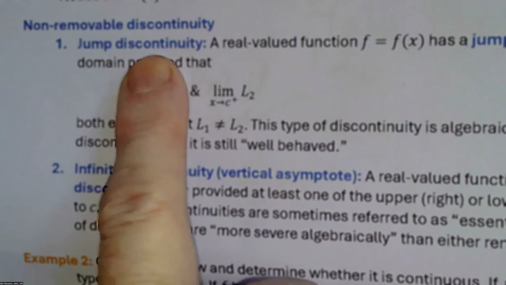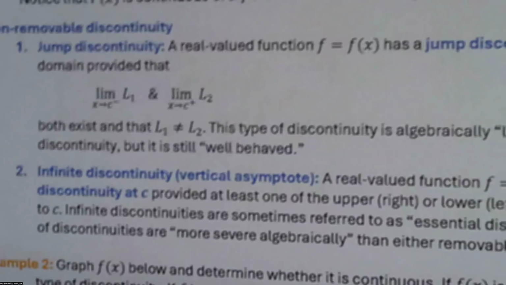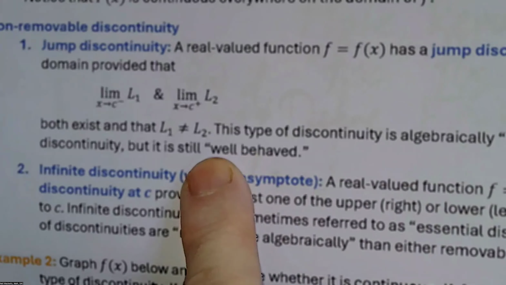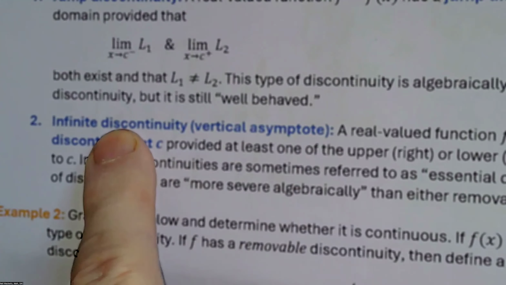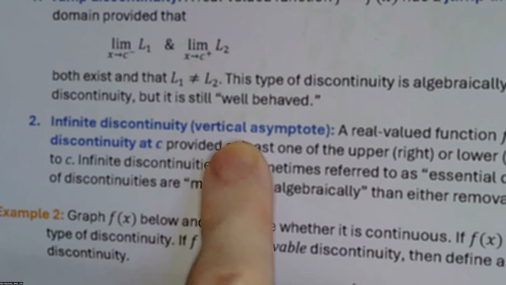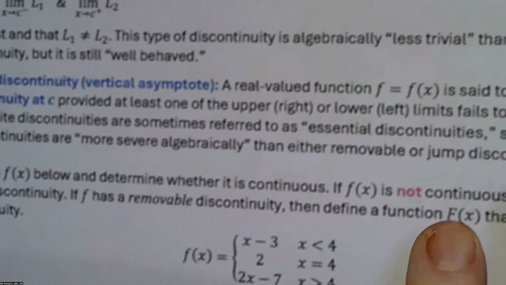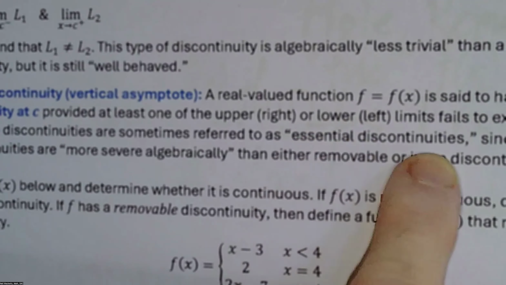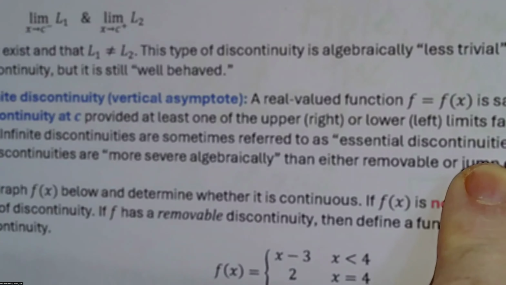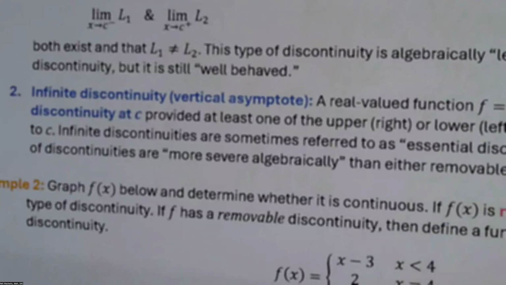This kind, the jump discontinuity, is considered somewhat well behaved. The infinite discontinuity is a vertical asymptote, and that is considered essentially discontinuous. So let's look at those examples.